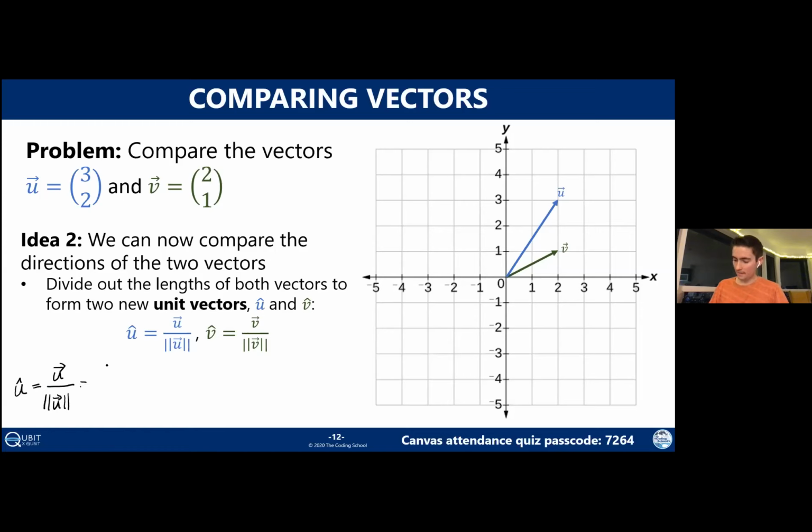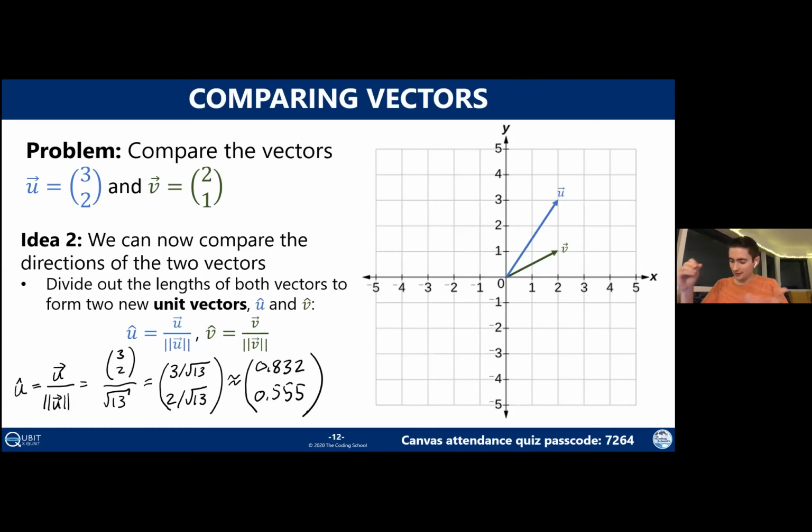The magnitude of u from the previous slide was the square root of 13. And when you have a vector divided by something like this, you actually just divide each individual number by root 13. So this is equal to 3 over root 13 and 2 over root 13, just like that. And if you plug this into your calculator, you would get something like 0.832 and 0.555.